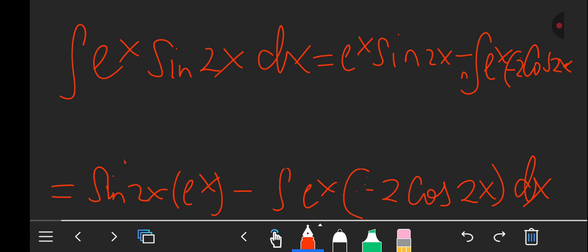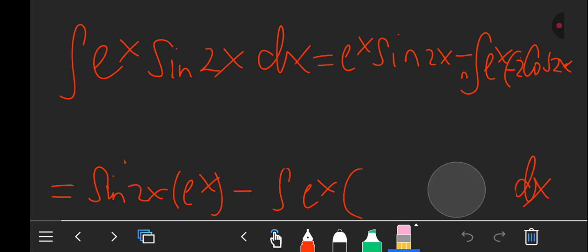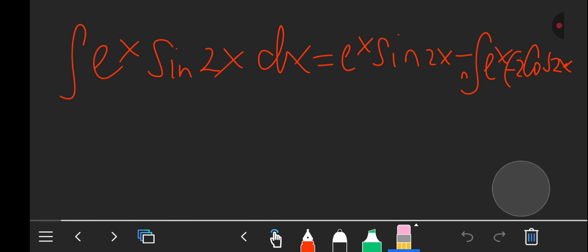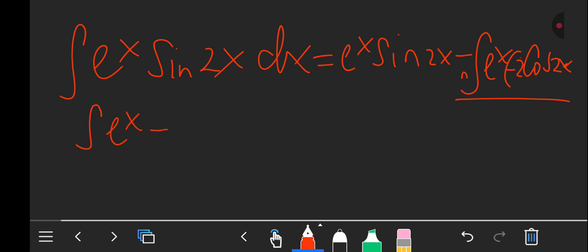So I'll say let my dv be equal to e to the power x dx. Let me get rid of this. I'm integrating the integral of e to the power x times negative 2 cos 2x dx.